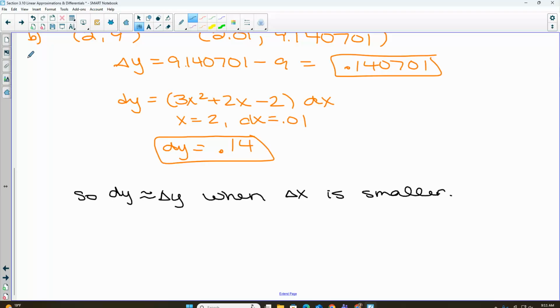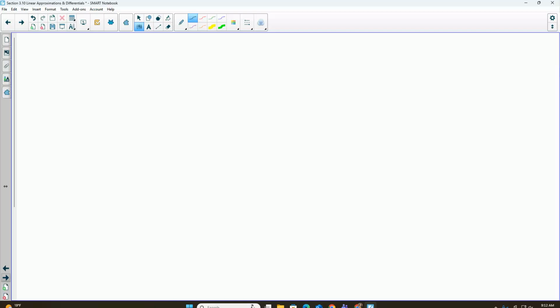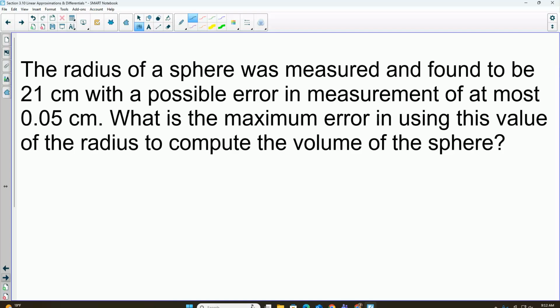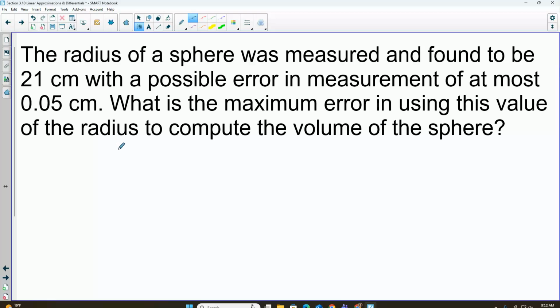We're not going to go super in depth here. We're just going to look at a couple basic examples and get a feel for that. But here is one such example. The radius of a sphere was measured and found to be 21 centimeters with a possible error in measurement of at most 5/100th of a centimeter. So my radius is 21.